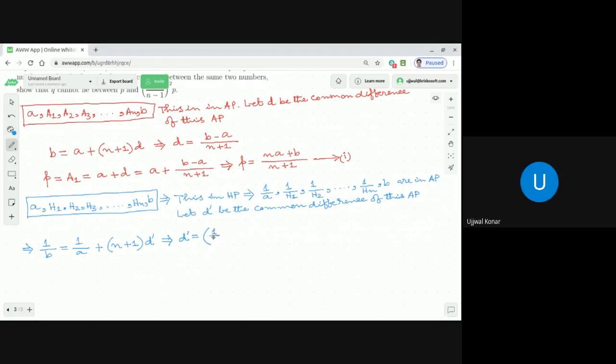Correct now? So that is equal to a minus b by n plus 1 into ab. That implies D dash is equal to a minus b divided by n plus 1 into ab.